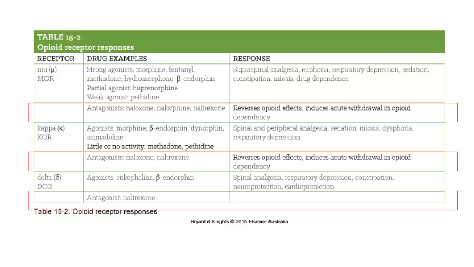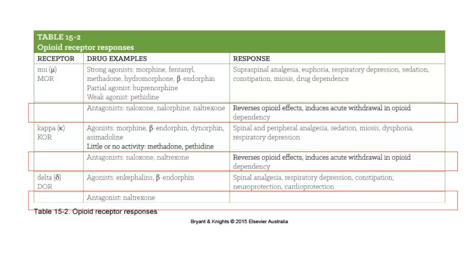The kappa receptors, again, are reversed by naloxone and naltrexone, and kappa receptors are both spinal and allow for peripheral analgesia. They also have a role in sedation. As mentioned earlier, they have a role in dysphoria and they have a role in respiratory depression.